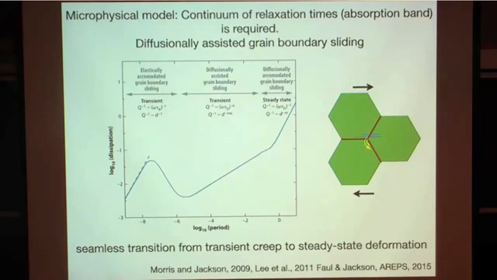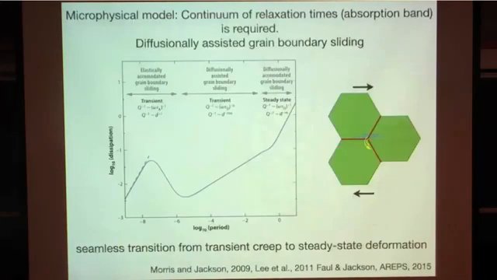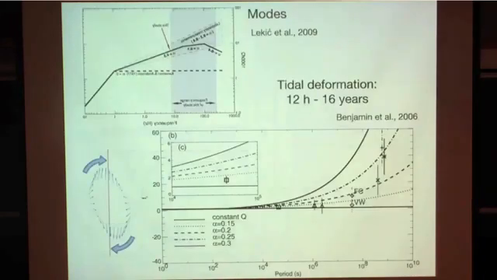That's the connection between the small strain deformation from seismic waves to the convective deformation, right? The stress distribution goes from this after elastically accommodated grain boundary sliding to steady state diffusion. That's exactly what you see here. The continuum, one absorption band transitioning into large strain deformation.